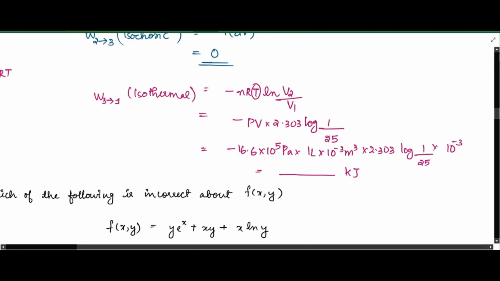So I have 16.6 into 2.303 into -3 plus 6. I'm getting minus 5.34.